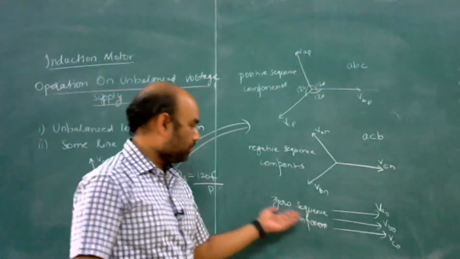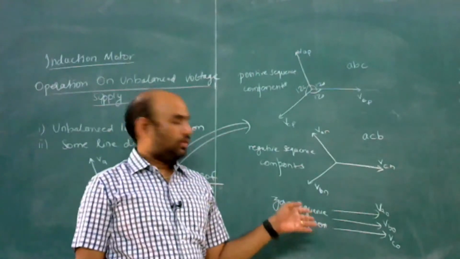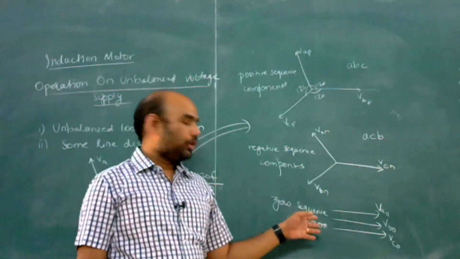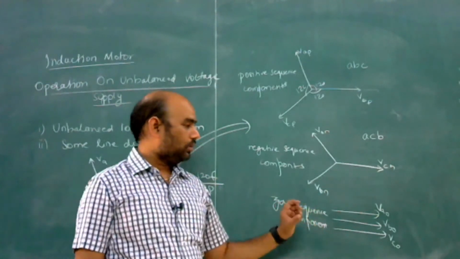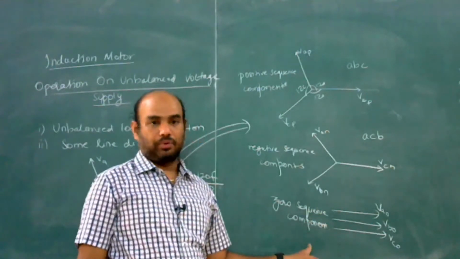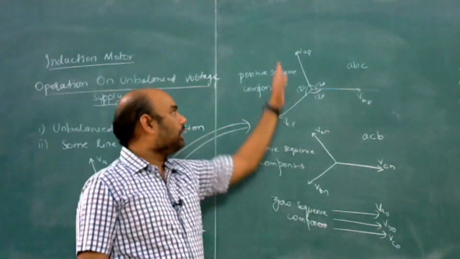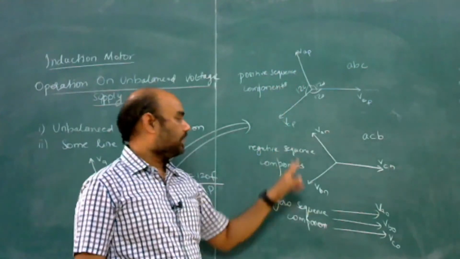Also, they don't contribute to torque production as there is no rotating field due to the zero sequence component. So we only consider the positive sequence component and the negative sequence component.